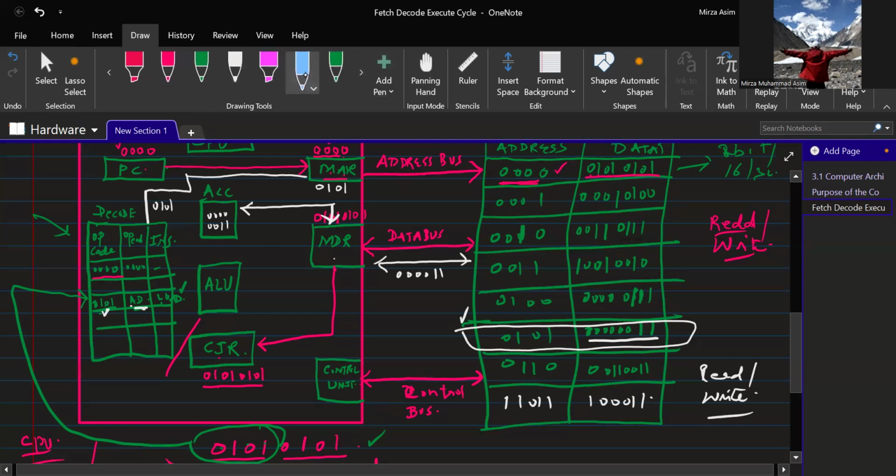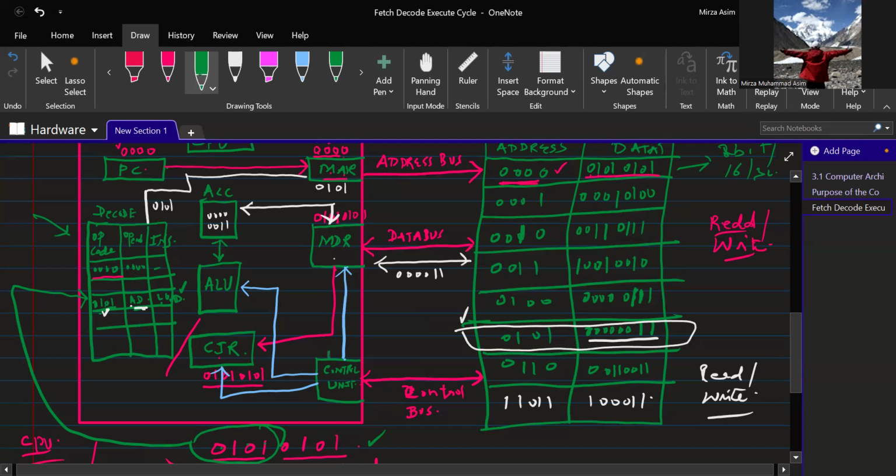Another thing, now let me label that the control unit controls everything. I should choose the light blue. So the control unit controls this one, MDR, this one, this one, and the accumulator and ALU. Here the connection is bidirectional. Data can be transmitted between these because the accumulator is part of the ALU, right?